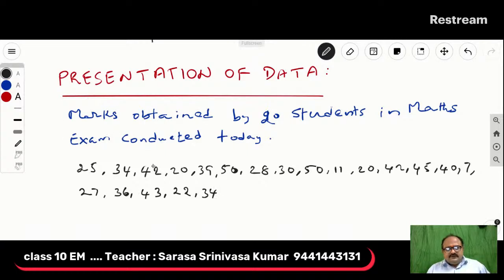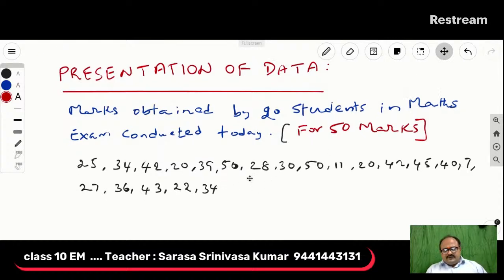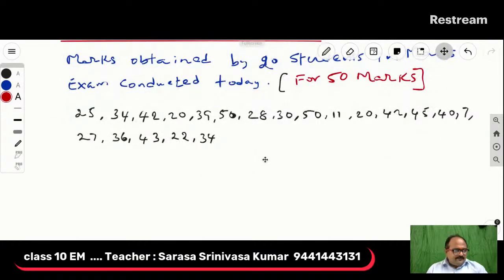So if these are the marks, suppose I conducted the mathematics test for 50 marks. The examination is conducted today for 50 marks, and these are the scores of the students.